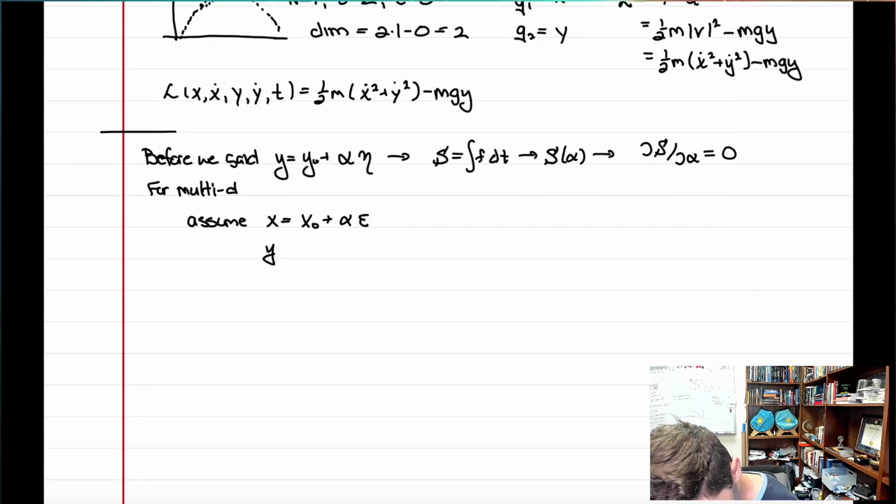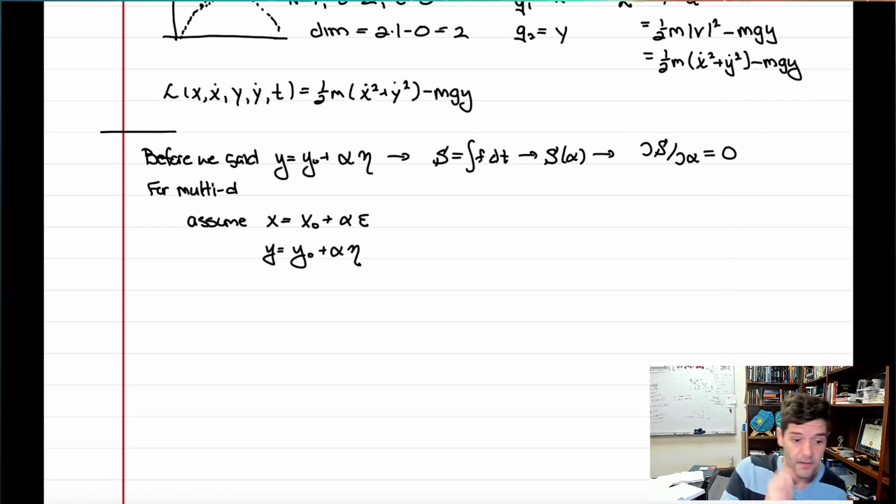And y is similarly its true path plus alpha times eta, where eta and epsilon are functions of t, as are x naught and y naught. Those are the actual paths. And again we're allowing for the true path plus some deviation that is a function of alpha.